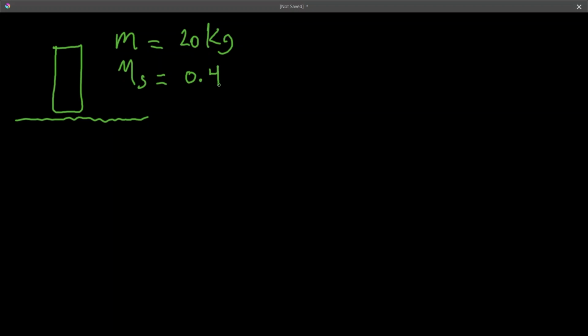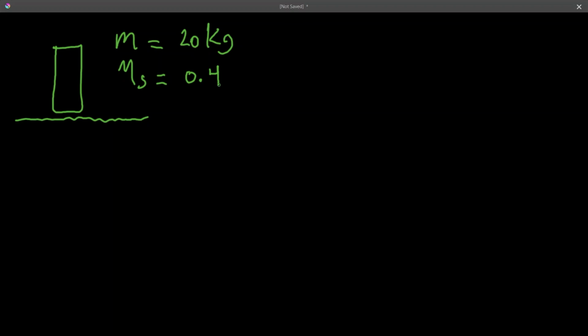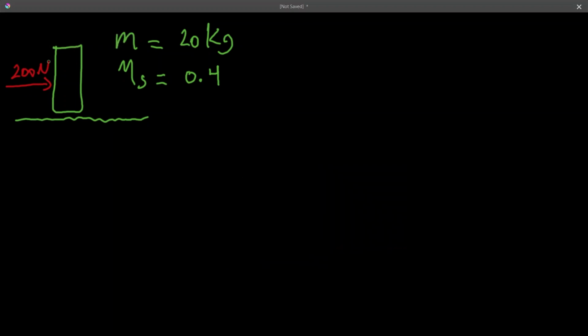And I ask you, if I push this object with a force of 200 newtons, will it move? Right? That's the question. Will this object move? All you have to do in this scenario is to calculate the maximum static friction and check if it is greater than or less than this force.